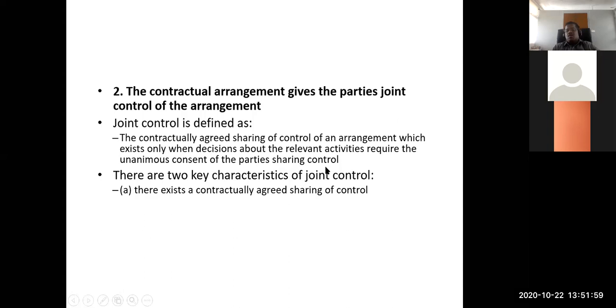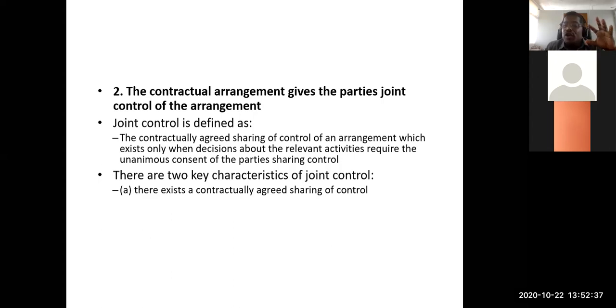the parties sharing control. If two parties jointly control, those two parties should agree. If there are three parties, those three parties should agree. That is called joint control. Suppose there are three parties involved in a project, and they get together, but the agreement says that a two-thirds majority is enough to finalize the decision.